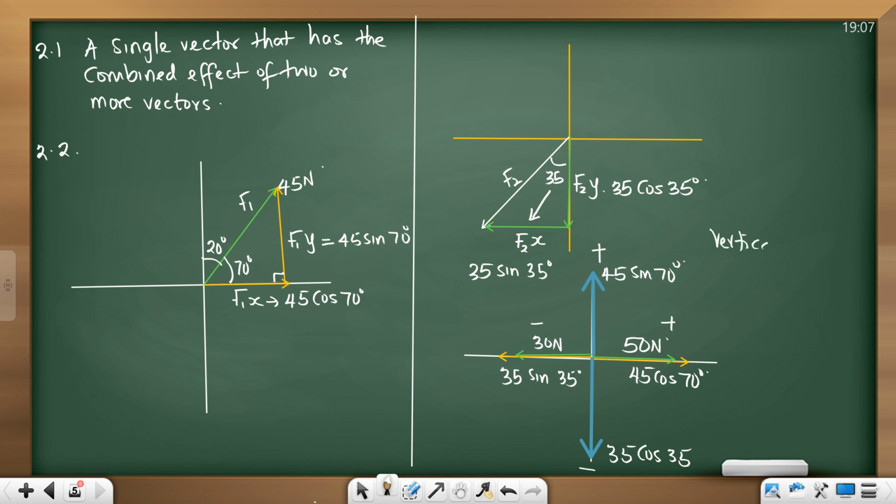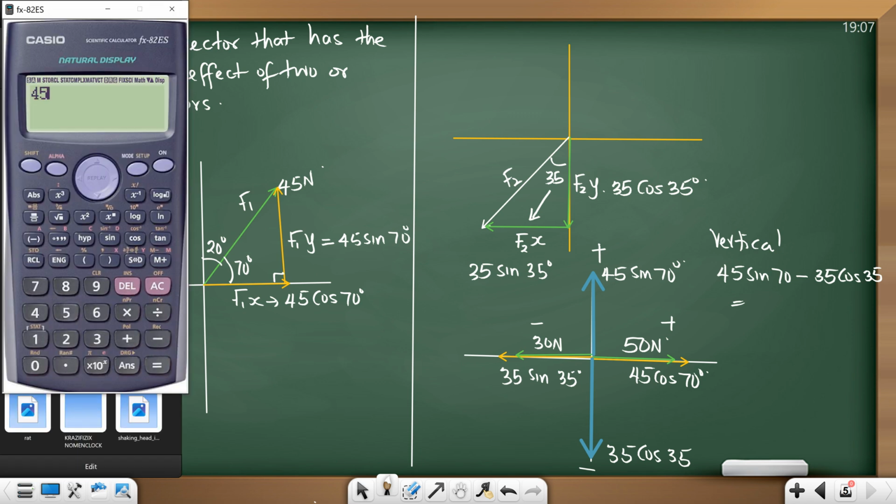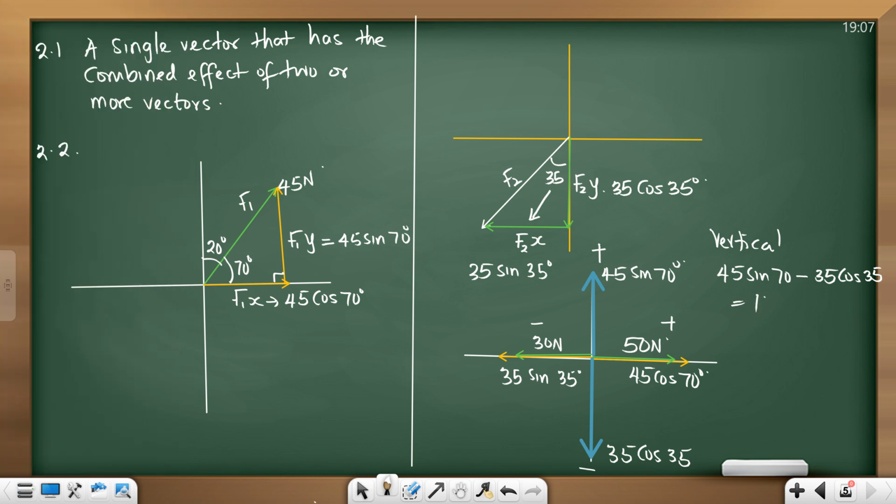Vertical, 45 sine 70 minus 35 cos 35. What is our answer? Quickly, very fast. I'm moving. 45 sine 70 minus 35 cos 35. That is your answer. 13,62. Do we agree with this?